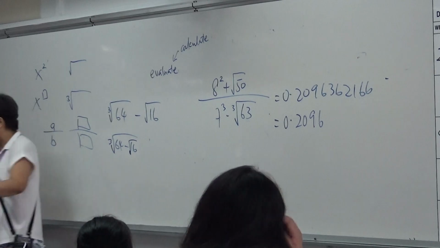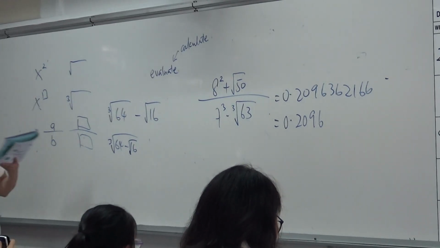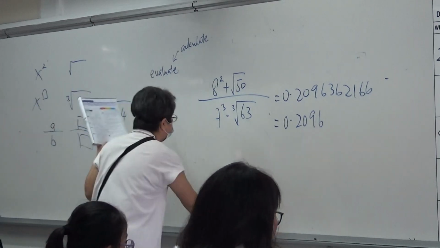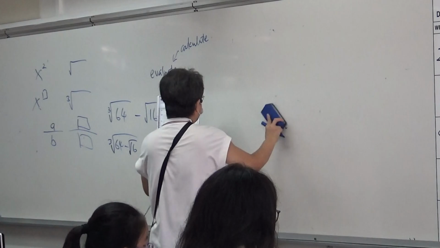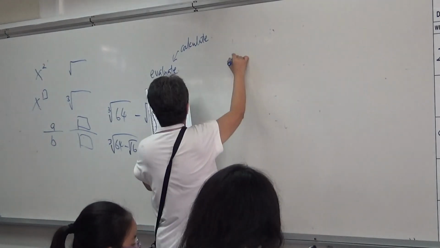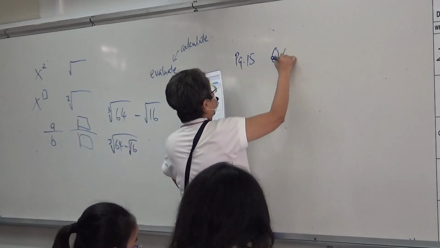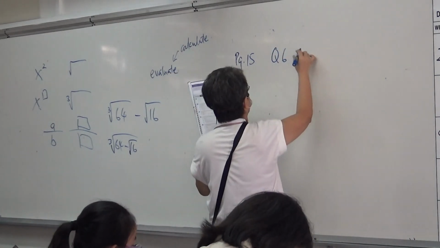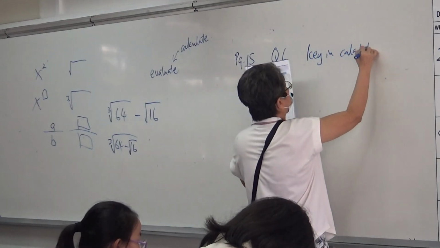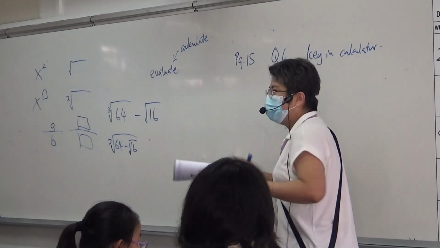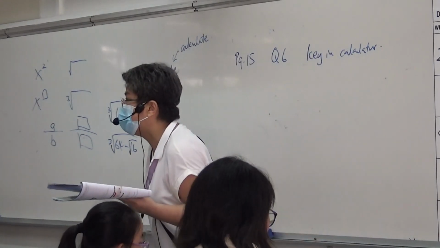Can, okay. What do I want you to do at home tomorrow besides your SLS lesson? Very easy one, don't worry. Look at page 15, question 6. You just need to key in the calculator. Write down the answer and check in the back of the textbook.